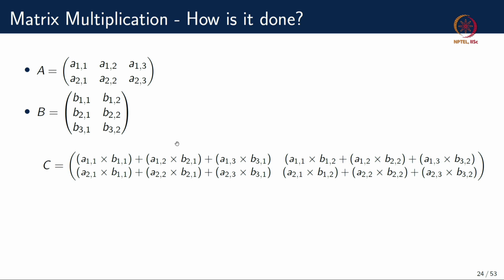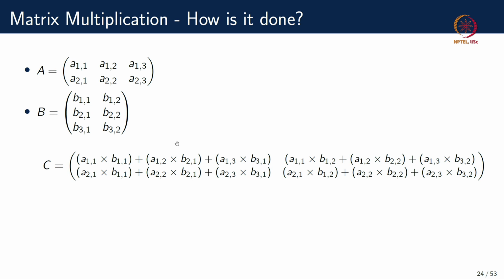The second term, A11 into B12 plus A12 into B22 plus A13 into B32. Similarly, A21 into B11 plus A22 into B21 plus A23 into B31. Last term, A21 into B12 plus A22 into B22 plus A23 into B32.